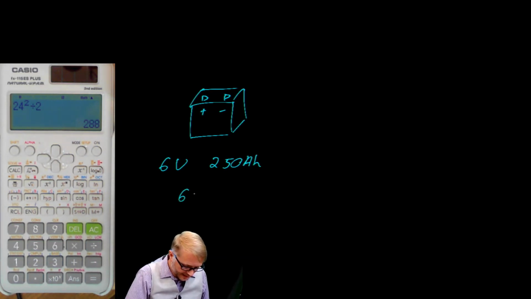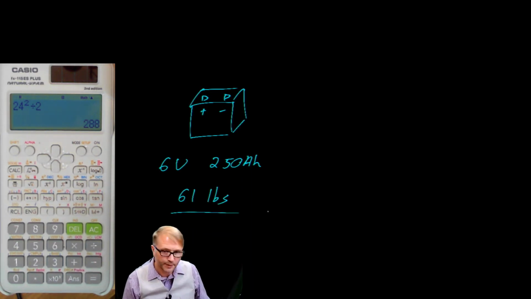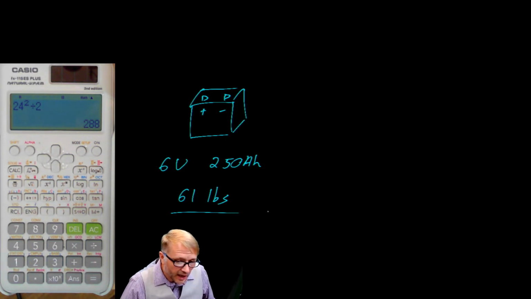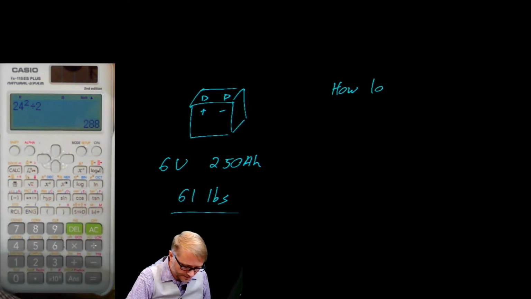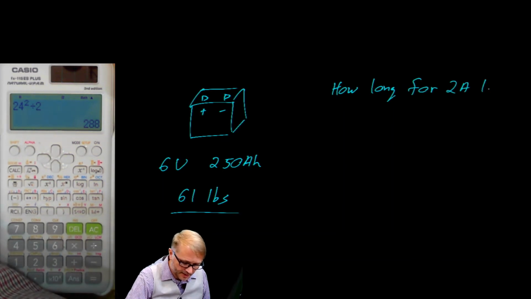That's a pretty big battery. That's about 61 pounds. Heavy battery. Replaced a few of them over the years. And what you want to know is how long can this battery supply a 2 amp load?